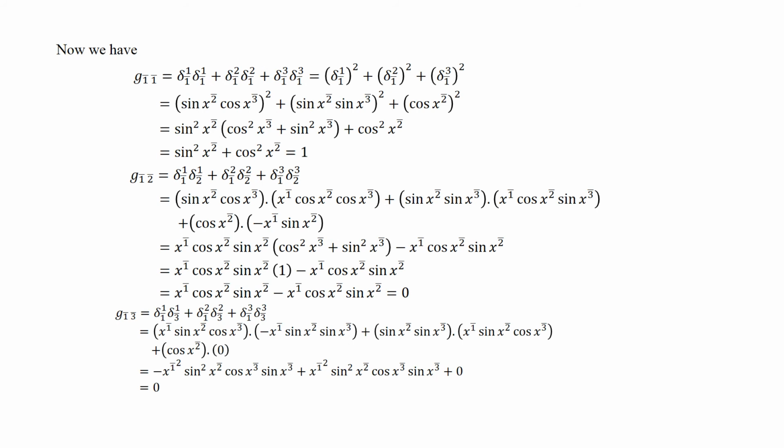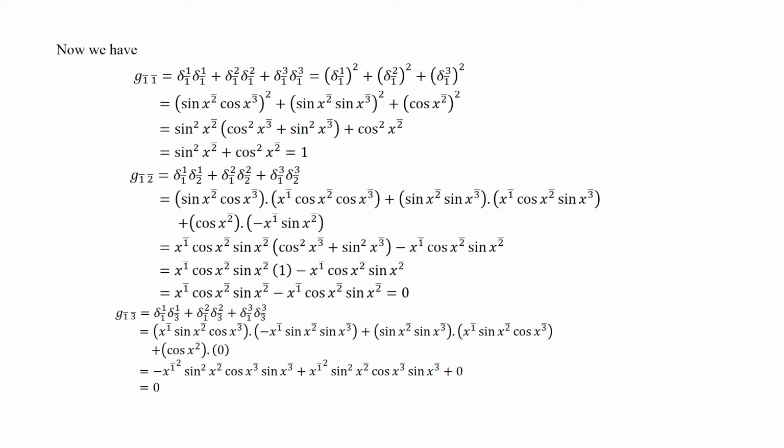Now we have term 1, G 1 bar 1 bar. Now we give the variation to A and B, both terms are replaced with 1. So we get delta 1 1 bar square plus delta 2 1 bar square plus delta 3 1 bar square. Substituting the values from the second last slide of this lecture, sin x2 cos x3 bar square plus sin x2 bar sin x3 bar square plus cos x2 bar square.